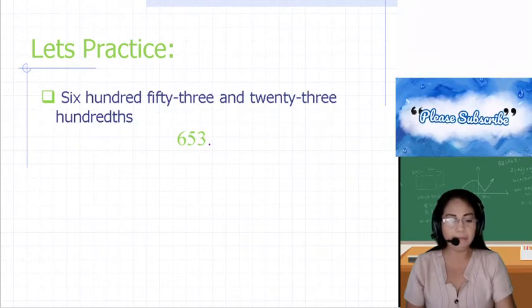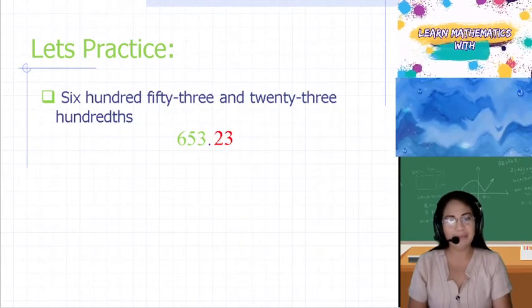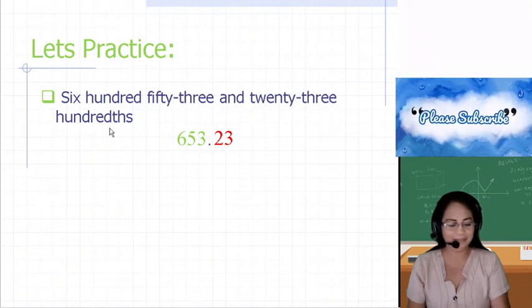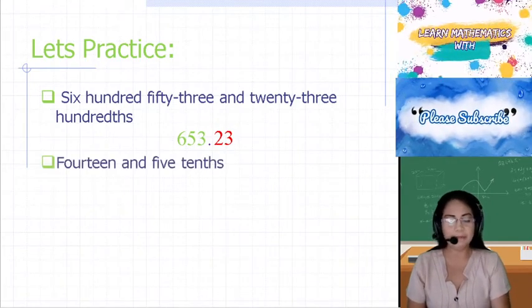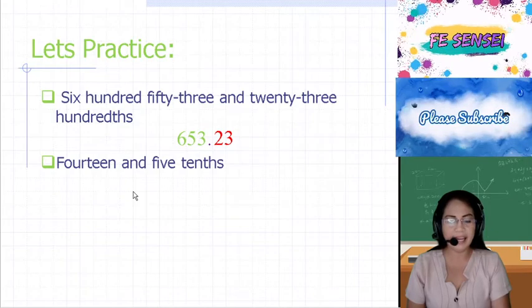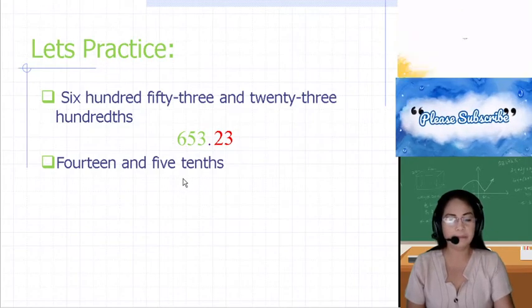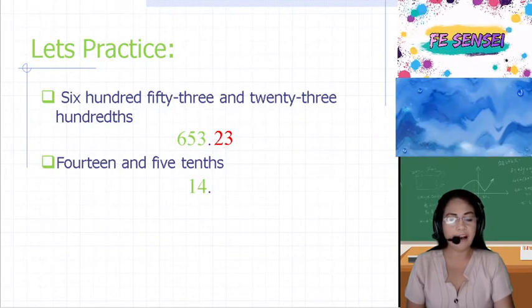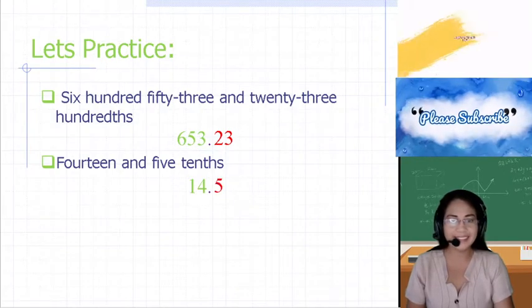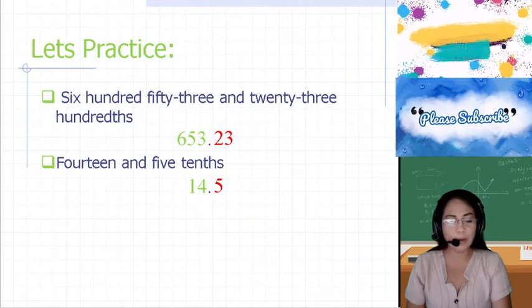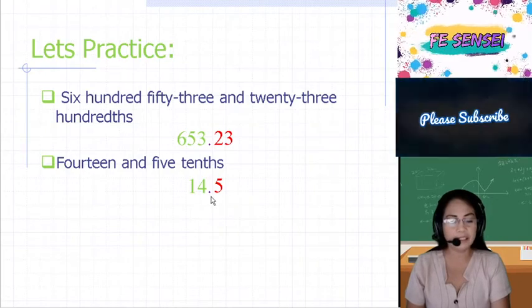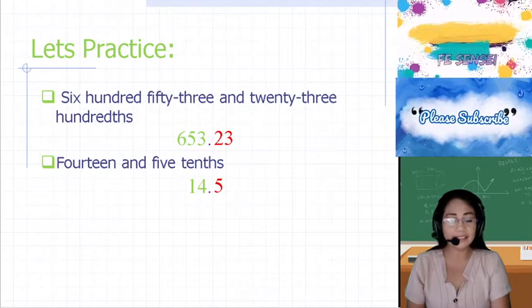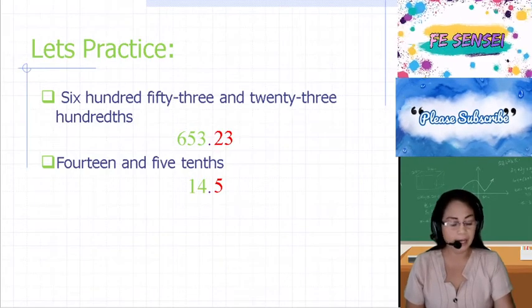Hundredths, so we have 2 decimal places. That's 23 hundredths. Another example, 14 and 5 tenths. So only one number after the decimal point because it's tenths. Okay?